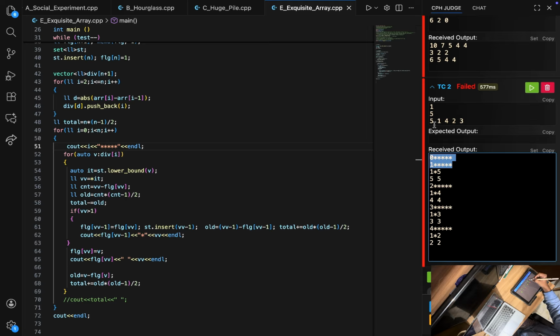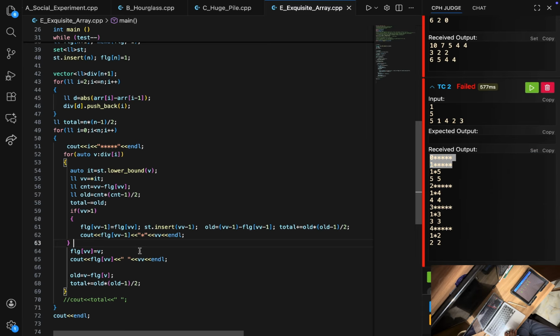It divides 1 5 and 5 5. Why 1 5? Insert vv minus 1. Why is it 5?